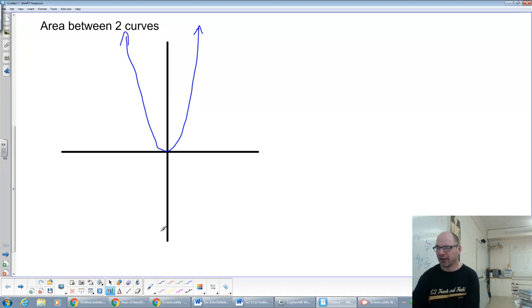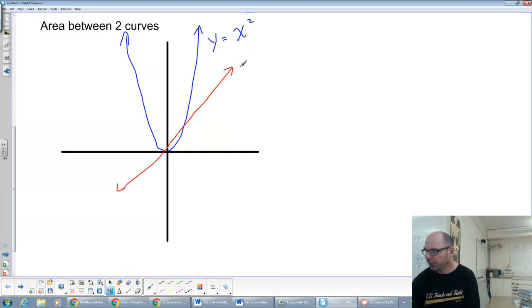Let's say y equals x squared. Then I have a line. Let's say it's just y equals 4x, make it real simple. So it'll also go through 0, 0 here. That's a straight line, y equals 4x.